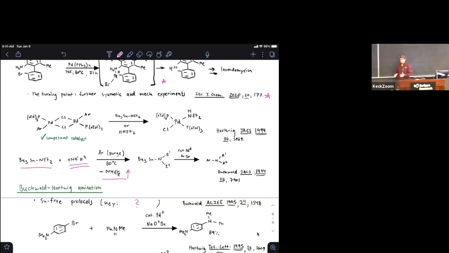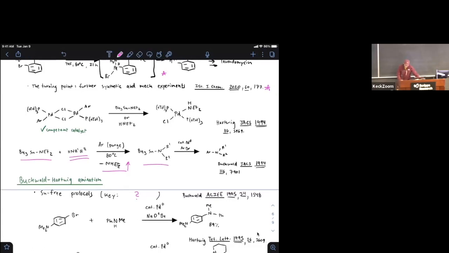Then, based on Le Chatelier's principle, you can drive the equilibrium to formation of the desired new tin amide, which you can use in situ in the subsequent C–N coupling. So it's a very practical solution to the fact that there aren't many tin amides that are commercial.